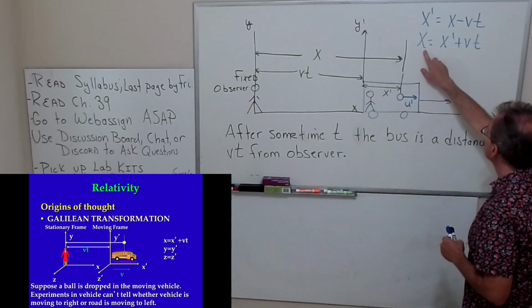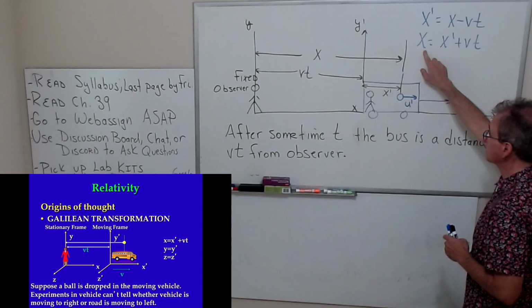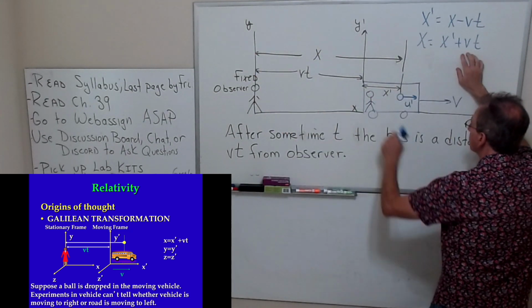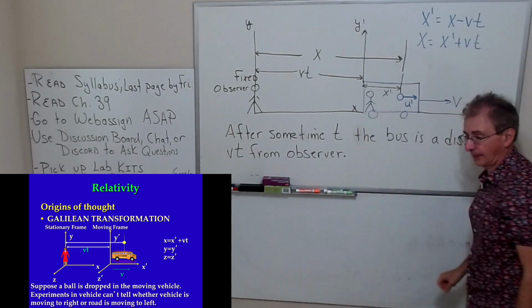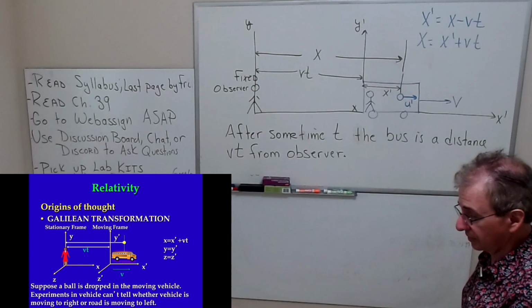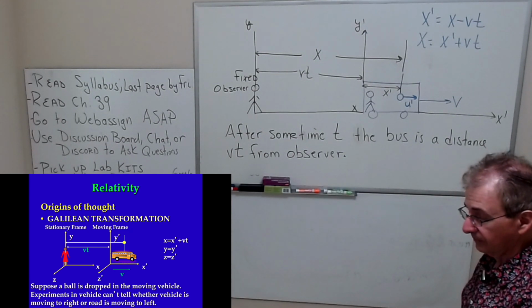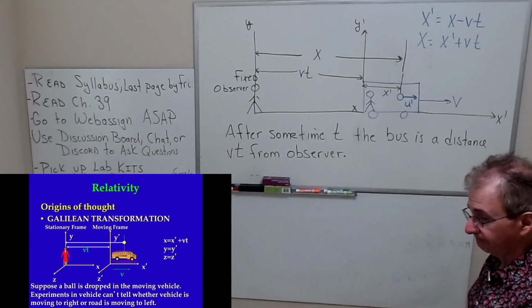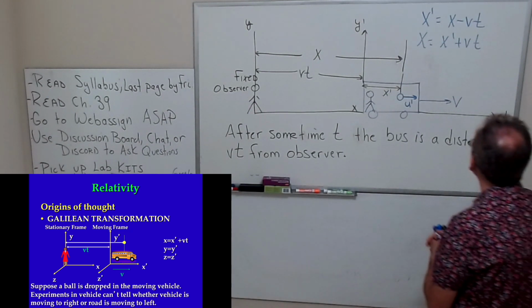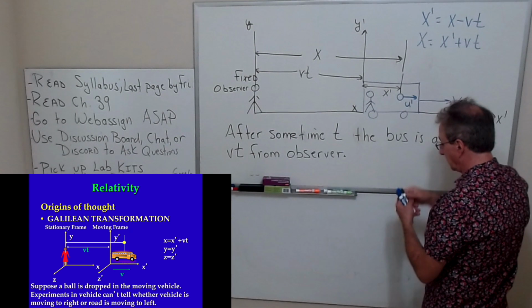And this position represents this coordinate in terms of what we measure. That's the Galilean transformation. Now, let's take a look at this transformation.